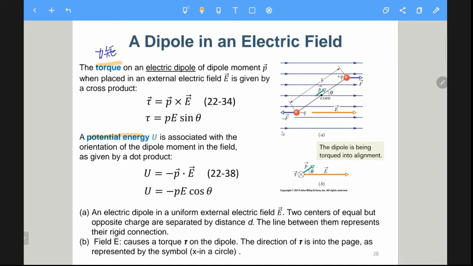So it directly tells you that the torque for the dipole will be P cross E. So this is the cross product.